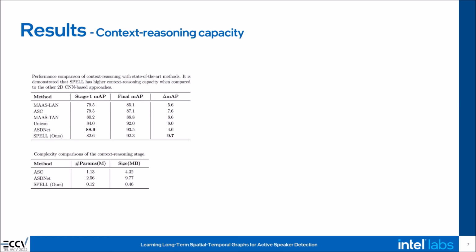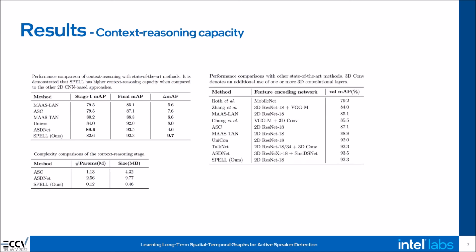This is because recently proposed methods rely on complex architectures to improve the quality of the audio-visual features. For example, as we can see from the table on the right, TalkNet and ASDNet use 3D CNNs in the feature encoding stage, which require more parameters and computation cost.